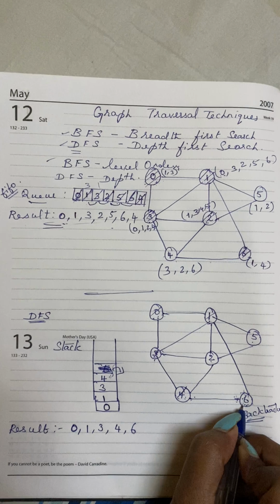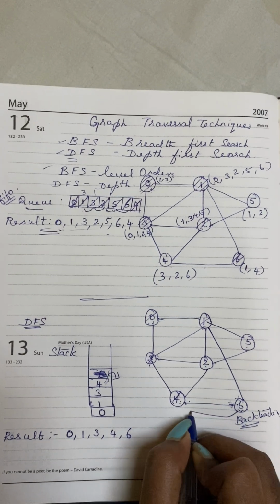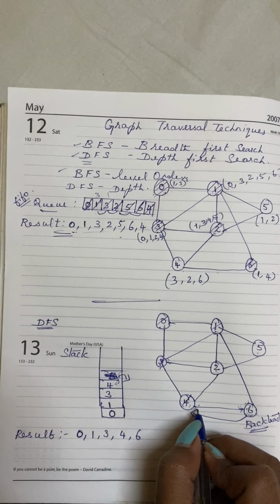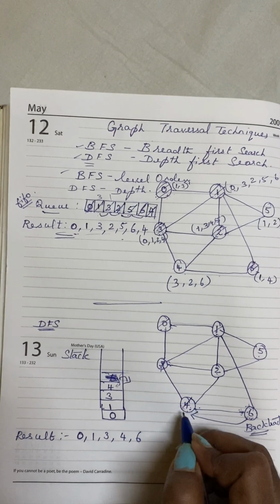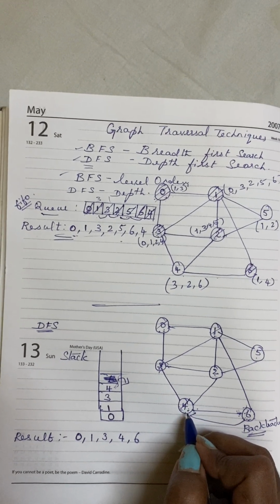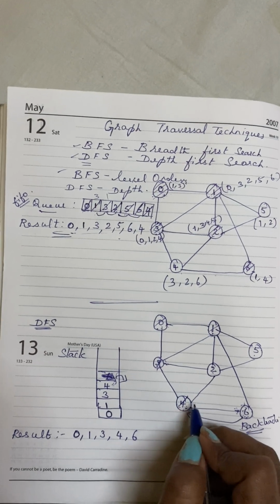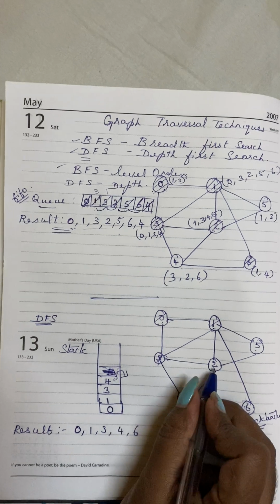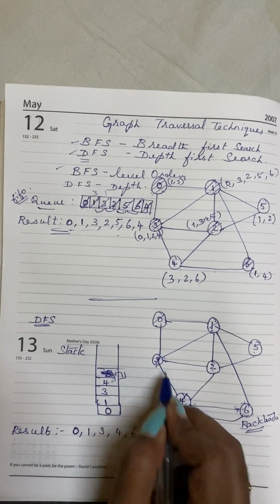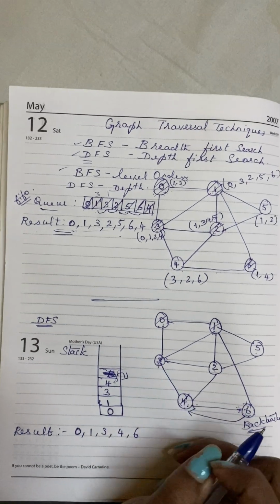So you are going to do a backtracking from 6 to 4. Now you are checking again for adjacent elements of 4 which are still unvisited. So what are the adjacent elements? 6, 2 and 3. 3 has already been visited.